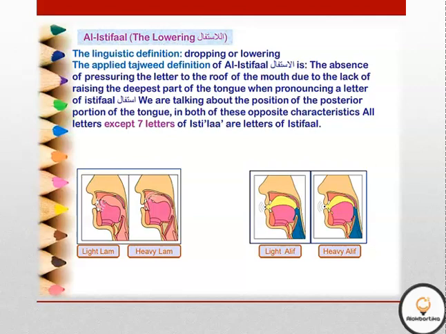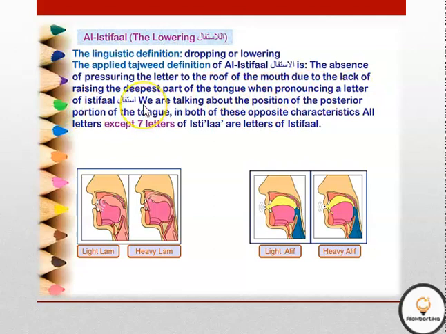So then the rest of the letters are the letters of istifal, the lowering. The linguistic definition is lowering or dropping, and the applied definition is the absence of pressure in the letter to the roof of the mouth due to the lack of rising of the deepest part of the tongue when pronouncing a letter of istifal.